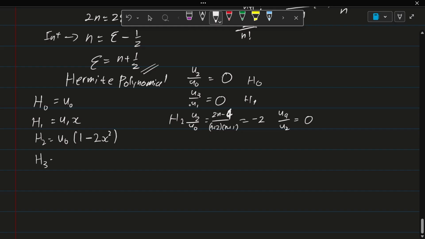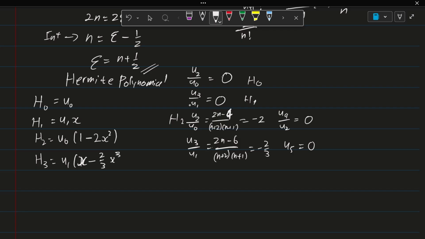And for h3, you could use the same idea. This would equal 2n minus 6 over n plus 2 and n plus 1. Plugging in 1, the bottom side will become 6. The top side would be negative 4. So it's negative 2 over 3. And then going to u5, it's just a 0. So it's just u1 times (x minus 2/3 x cubed).